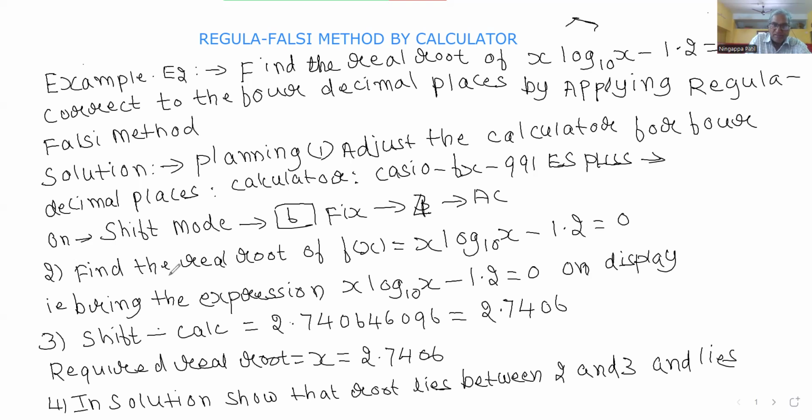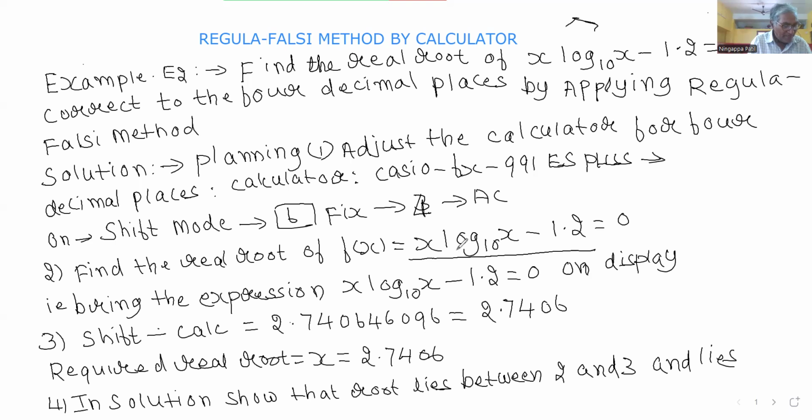Now, find the real root of f(x) equal to x log x to the base 10 minus 1.2 equal to 0. Bring this expression onto the calculator. Put the calculator in COMP mode, press alpha x and the log button.